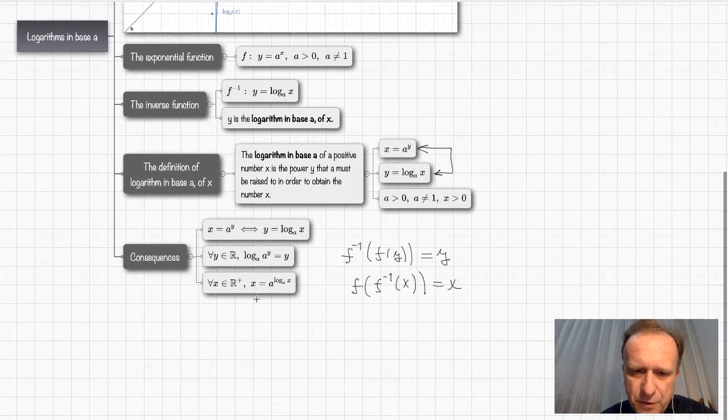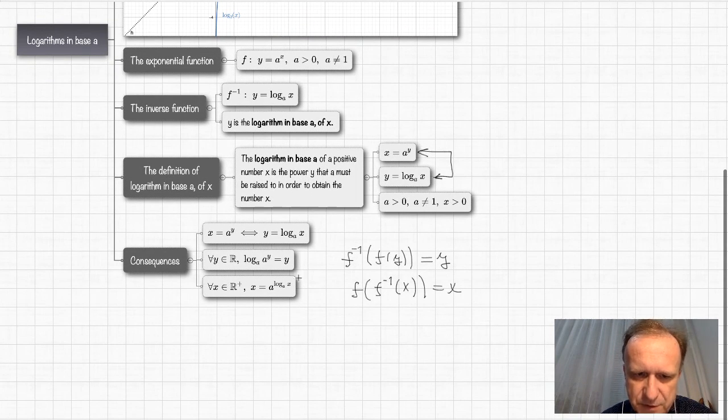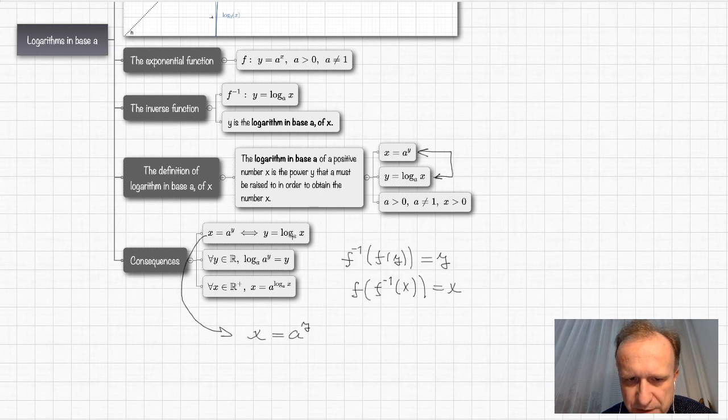We can, of course, get these statements also in a different way. So let me, for example, start with this one. So x equals a to the power of y, but since y is the logarithm in base a of x, we can continue and replace y by this. So it's a to the logarithm in base a of x. So this way we obtain this second statement.